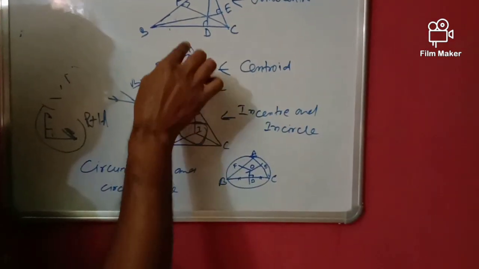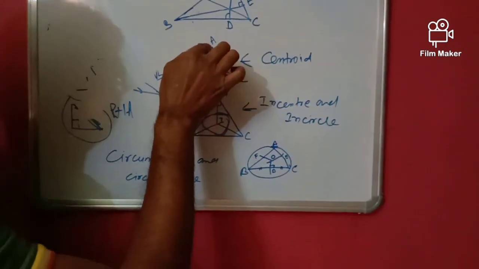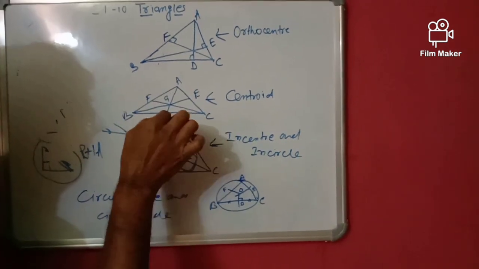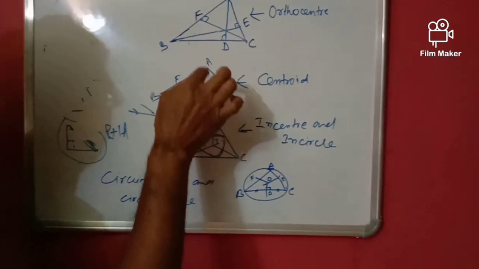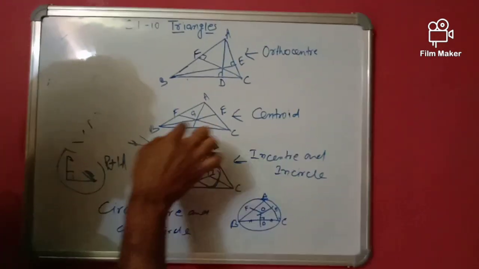Now, centroid. ABC is a triangle. The straight line joining a vertex of a triangle to the midpoint of the opposite side is called a median. So, three medians: AD, BE and CF.